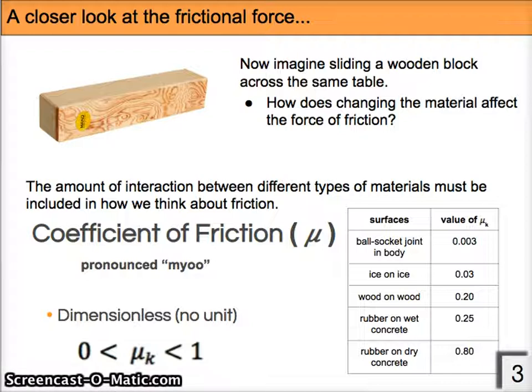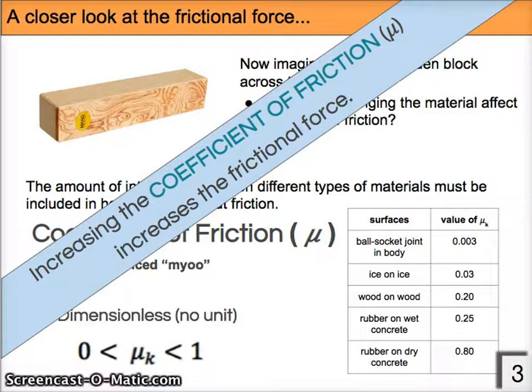And so you can see how the value of mu, 0.25, is significantly smaller than the value on dry concrete of 0.8. And then things like ice, sliding across ice, real easy to slide, so very, very low value of mu. And then the joints in your body, luckily, have incredibly low values of mu, low coefficients of friction, virtually 0.